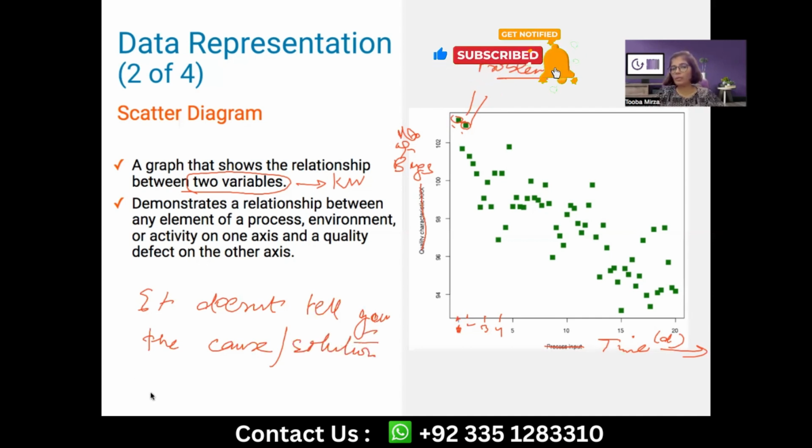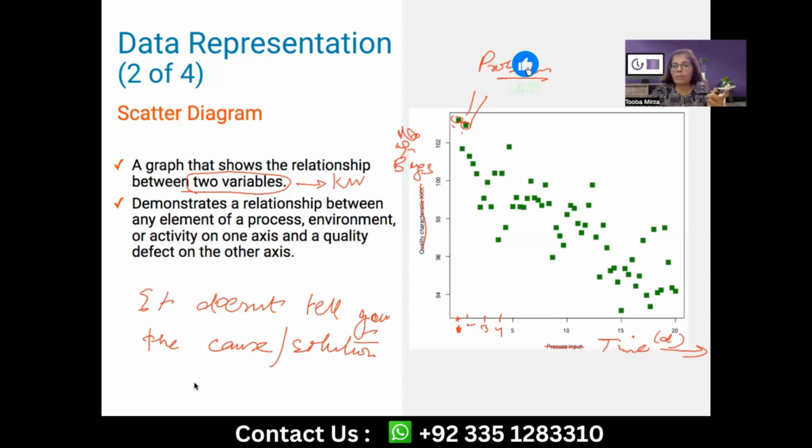It's just a representation technique of your gathered and analyzed data. If you expect this diagram to tell you the solution to a problem, then you are not going to get the answer.